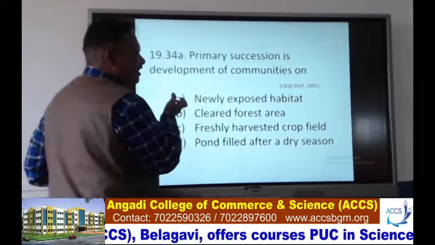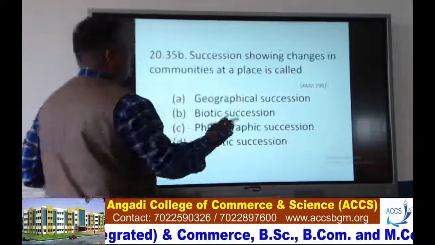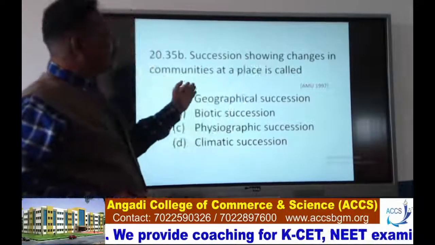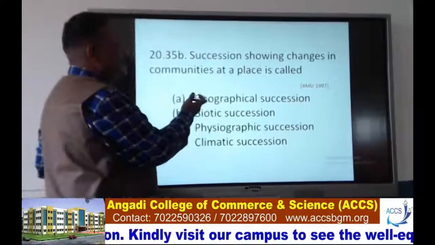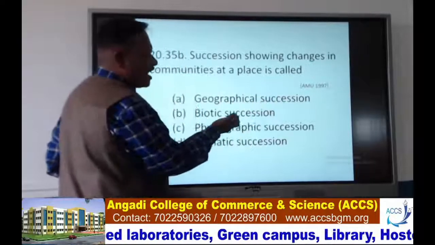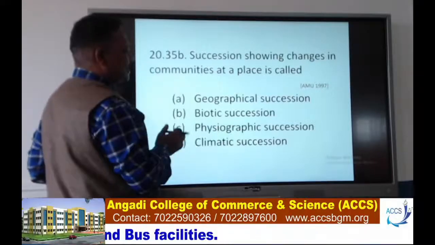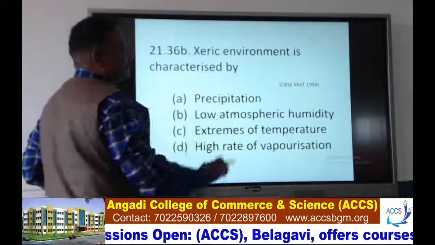It is option A, newly exposed habitat is the right one. Now, succession showing changes in communities at a place is called, so see, geographical succession, biotic succession, physiographic succession, climatic succession. Here, the correct answer is biotic succession, option B.